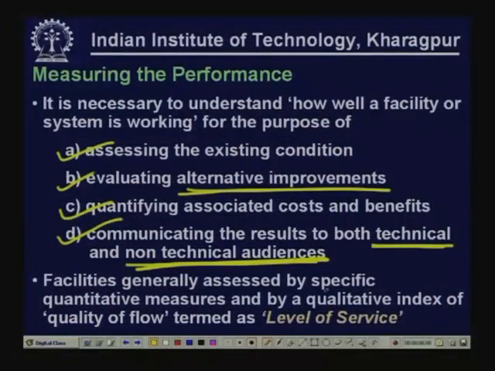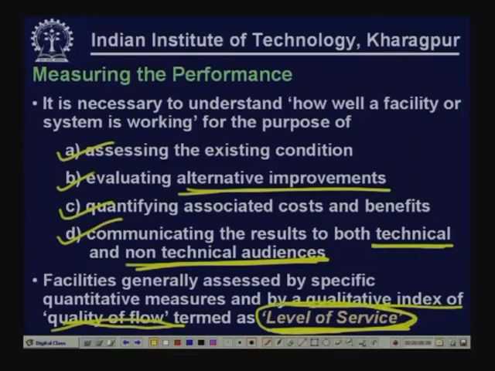Facilities are generally assessed by specific quantitative measures and by a qualitative index of quality of flow called level of service. Mostly we use this term to describe the quality of traffic operation on a facility.